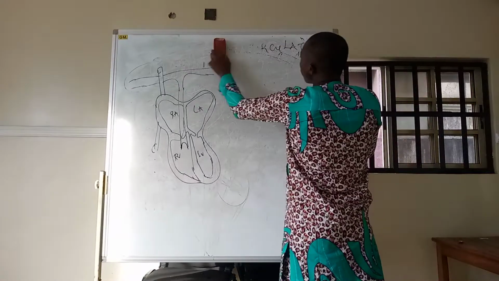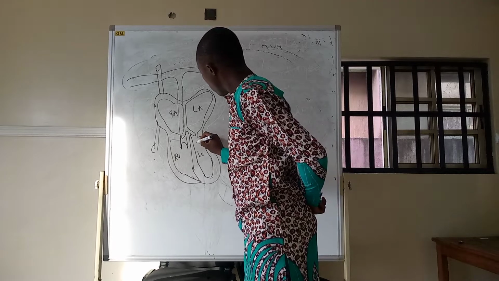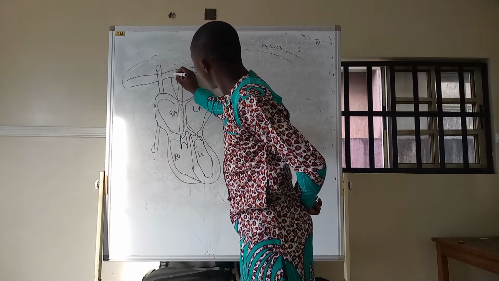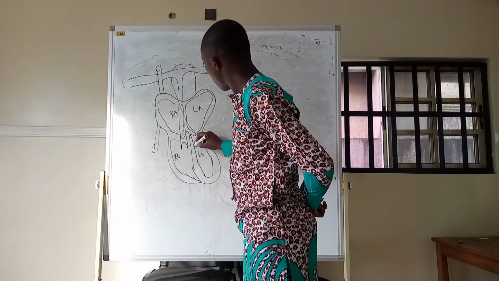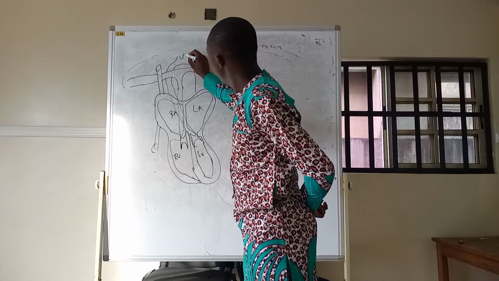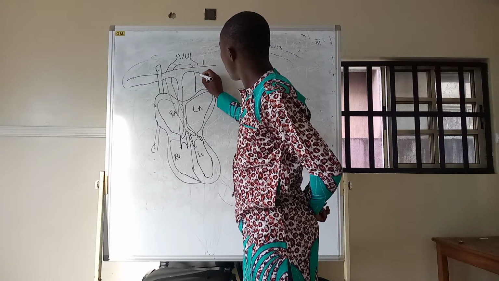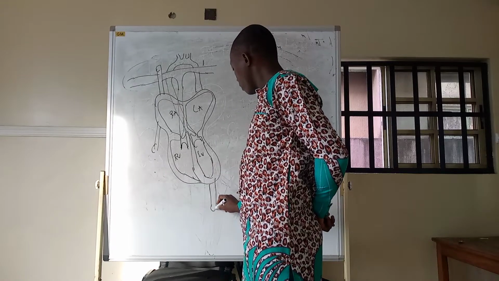Right and left pulmonary arteries. Now going to the left ventricle, what you have here is the aorta, and the aorta comes out here.